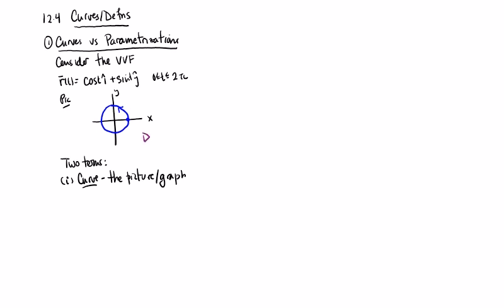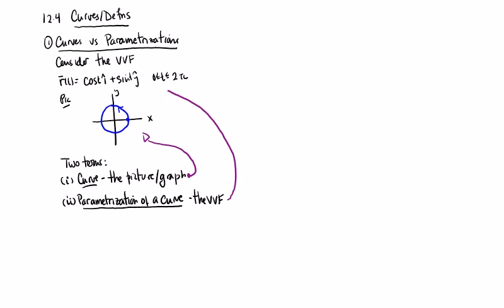That's this thing right here. That's a curve. I could have drawn that even without a vector valued function. Could have just drawn a circle. And 2 is what's called a parametrization of a curve. That's the vector valued function. So in that case, we're referring to this thing right here.